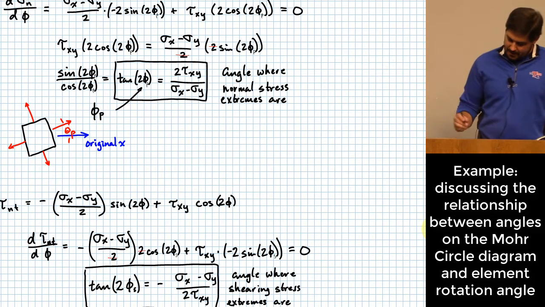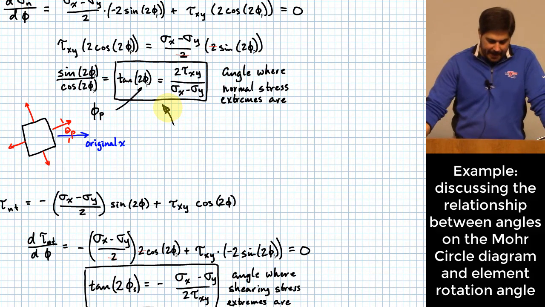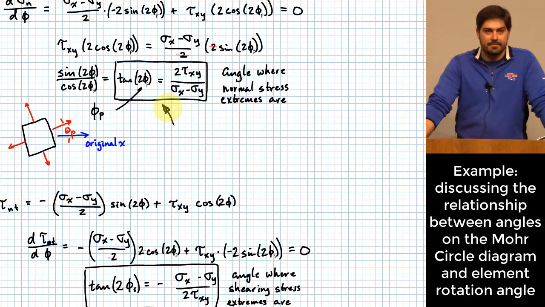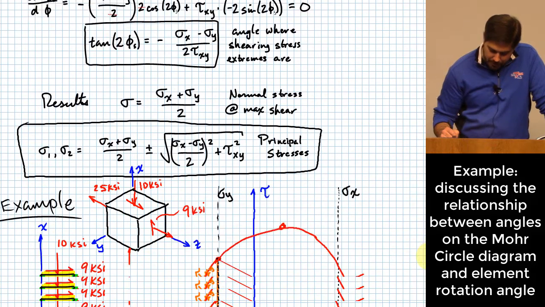This equation that we have over here has a factor of 2 in that tangent function. And that came from our double angle formulas, if you want to trace it back. There's this factor of 2 that winds up in here. What does that mean in terms of physical interpretation?